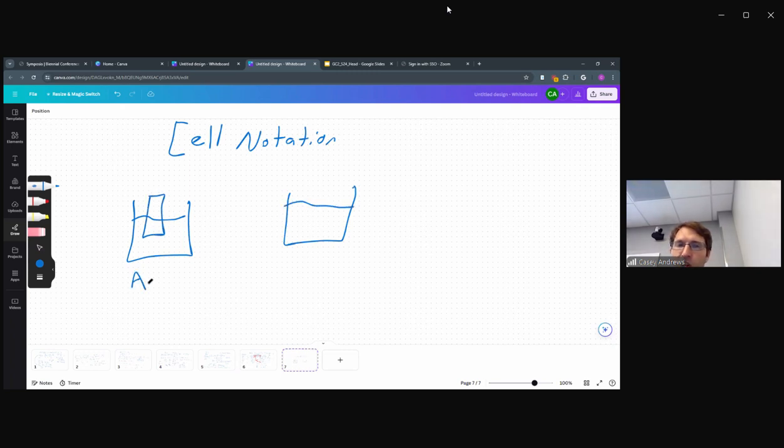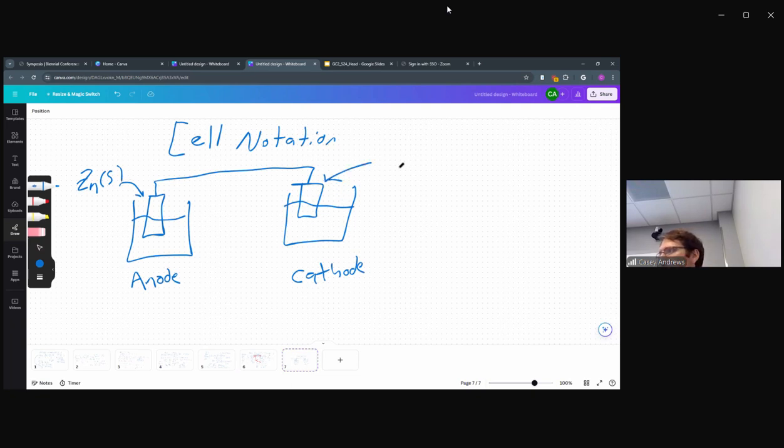In general, you always have your anode on the left and your cathode on the right. You don't have to when it comes to this picture, but that's what people generally do. And let's say my anode right here, we have solid zinc, and my cathode is made out of copper.